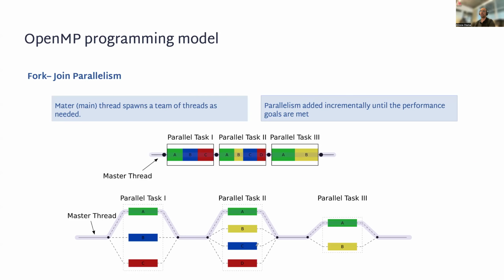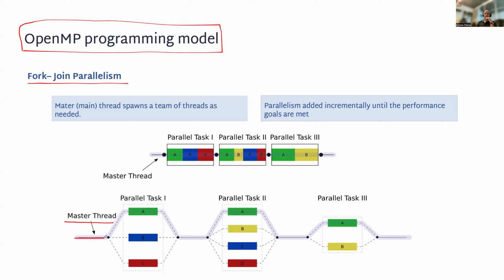Okay. So let's see what the programming model in OpenMP is, which is similar to the programming model of the thread libraries that we talked about. This programming model is called fork-join parallelism, which is quite simple to understand. As I mentioned, you have a master thread, or a main thread, which runs.